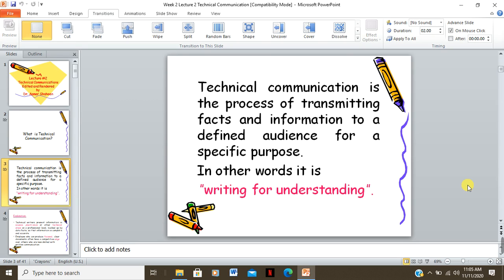So, technical communication is the process of transmitting. Transmitting is only possible when you know the other party, and you know what subject matter you are going to discuss and what its difficulty level is. And that difficulty level, according to the level of the listener, must be tuned. It must be tuned to that level of understanding where you believe that your audience actually exists.